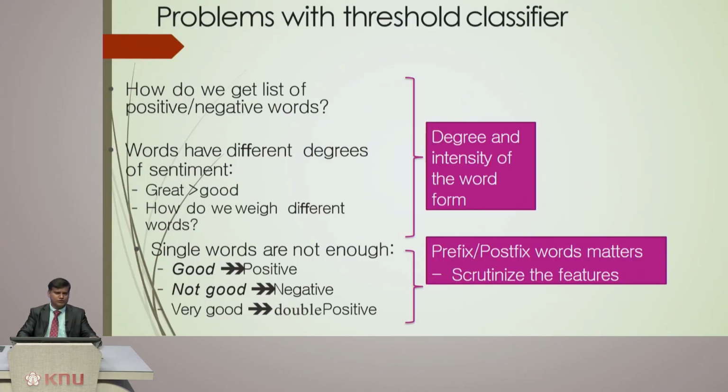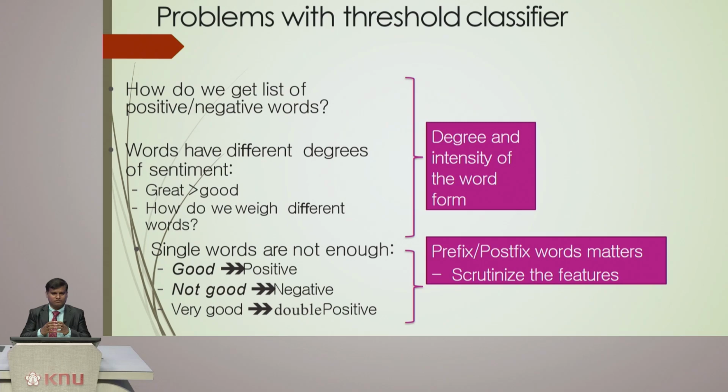There are some issues involved with this kind of threshold classifier. So how do we get the list of positive and negative words? In English we have lots of words that can give a positive note and lots of words that can give a negative note as well. So it's hard to include almost all the words that can be formed. But basically we can try to include as many words as possible.